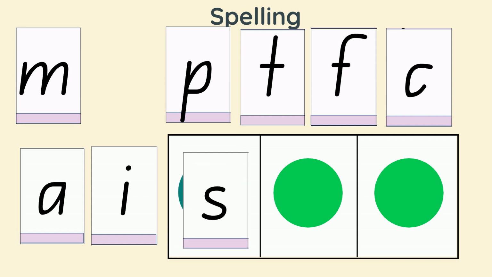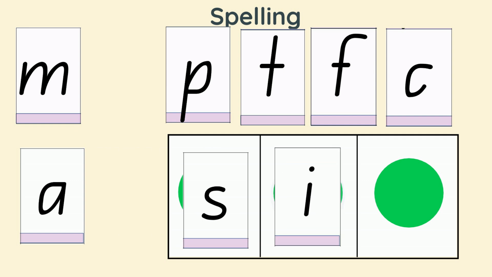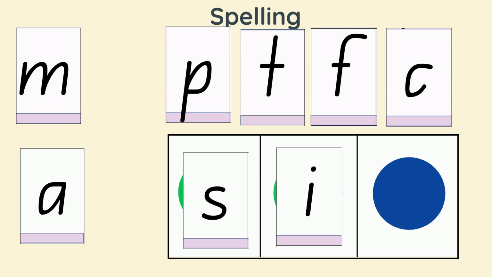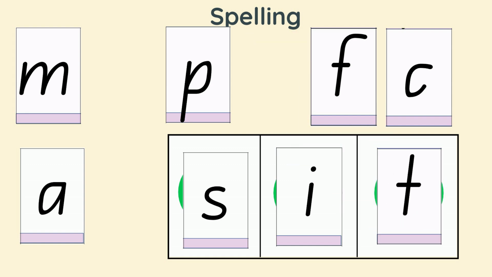It's the letter S. S, I. Which vowel will I choose for I? It's the letter I. S, I, T. My last letter will be the letter T for T. Sit.